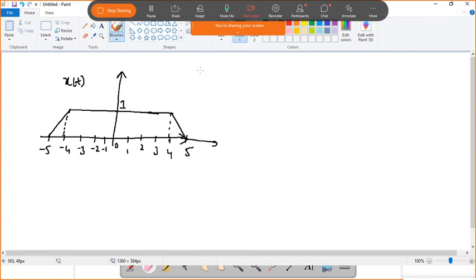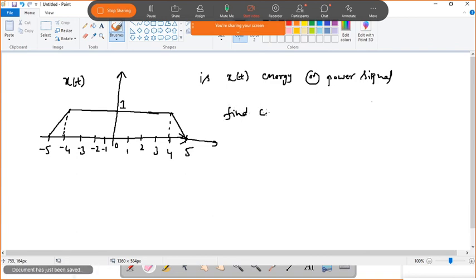So now the problem is: is x of t an energy signal or a power signal? If it is an energy or power signal, find the corresponding energy or power.